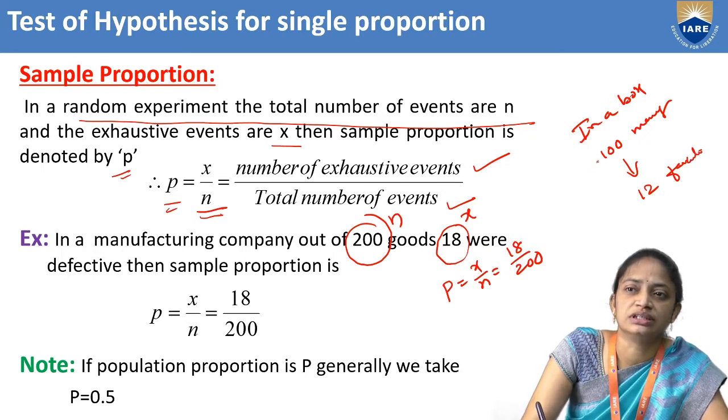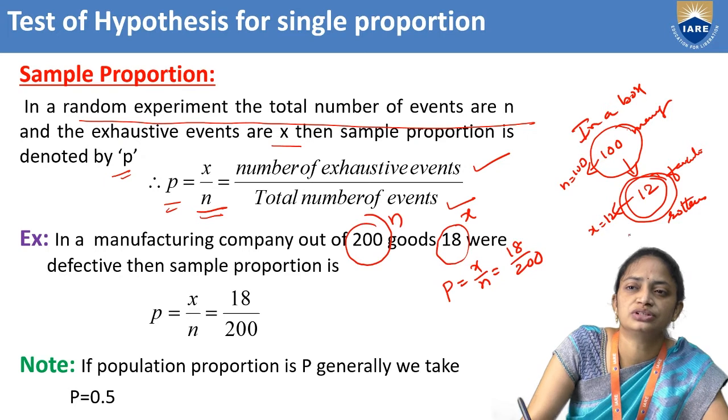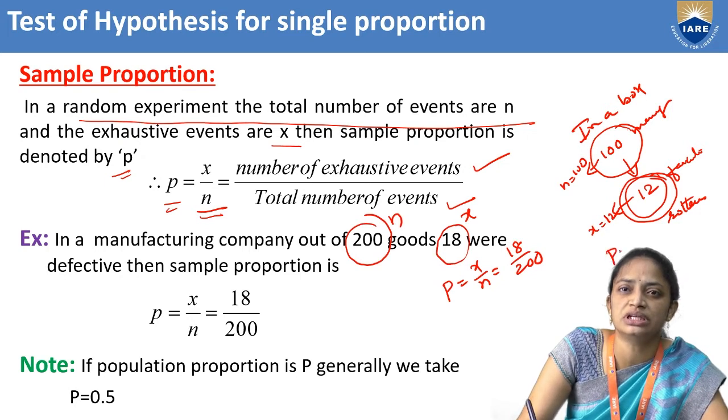So here the n value is 100 and the x value is 12. So what about the sample proportion? p equal to x by n, so that is 12 by 100.